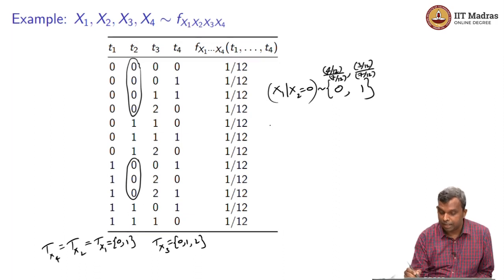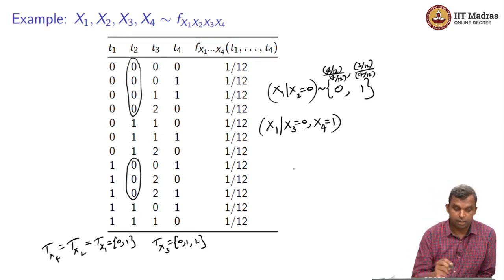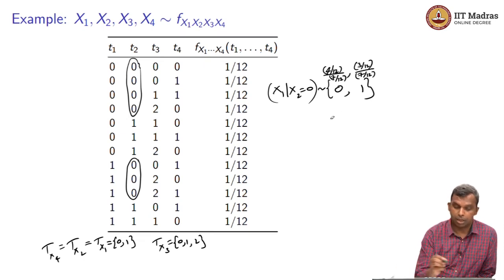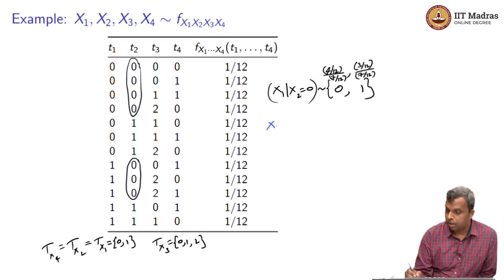So let's look at a slightly more confusing situation. So let's say x1 given x3 is 0 and x4 is 1, okay. Look at this. So maybe I should write this in some other color. We'll pick a blue color. x1 given x3 is 0, x4 is 1.